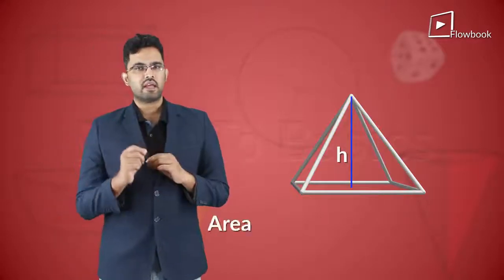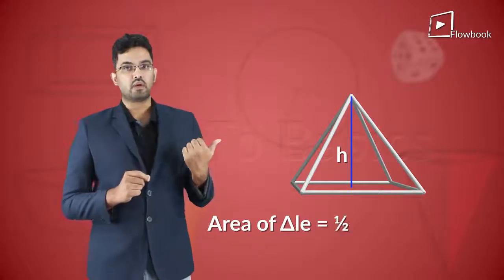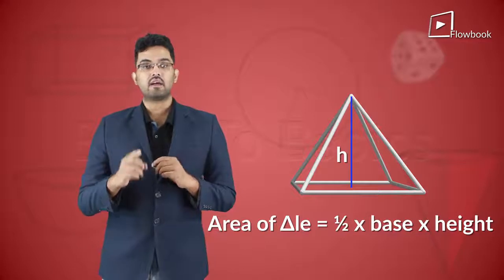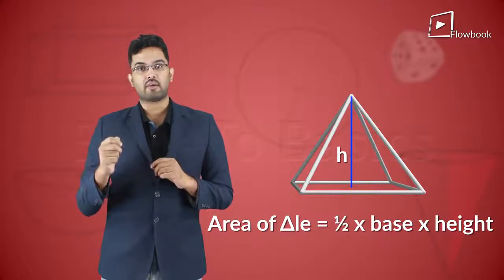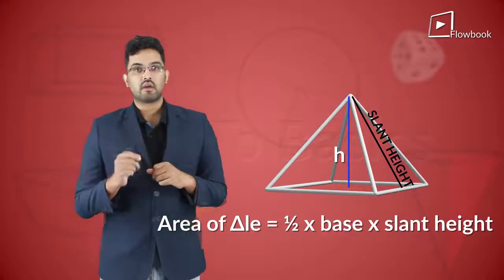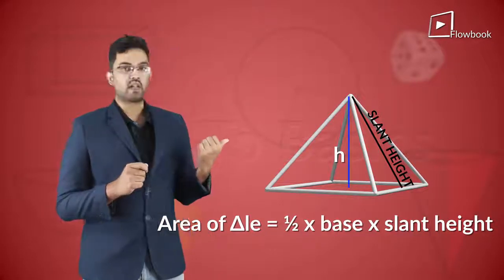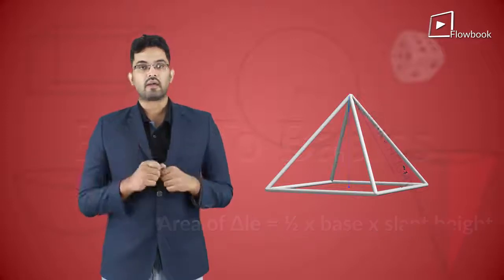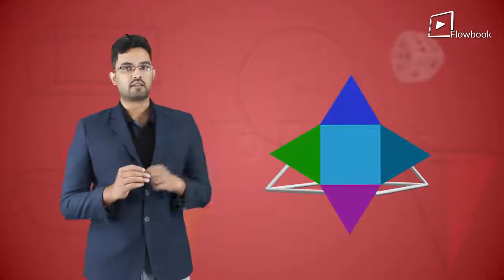Now, area of this triangle will be equal to half into base into height. But the height here is not the height h of the pyramid, but the slant height of the pyramid. Therefore, the area of this triangle will be half into base into slant height. Again, in this case, there are 4 triangles.